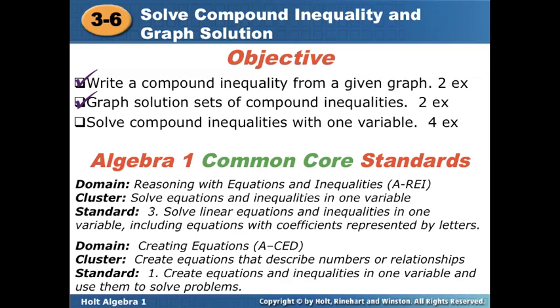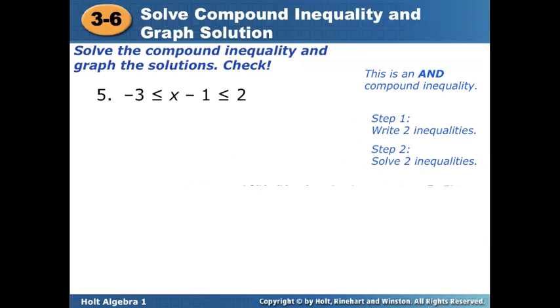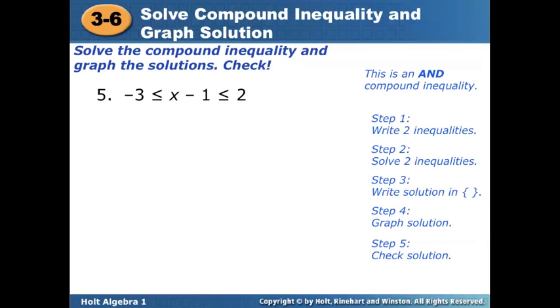Finally, we will solve compound inequalities with one variable. Example number 5. Copy this to your notebook paper. You have -3 is less than or equal to x minus 1 is less than or equal to 2. To solve this compound inequality, remember this is an AND compound inequality. You'll first need to write your two inequalities.